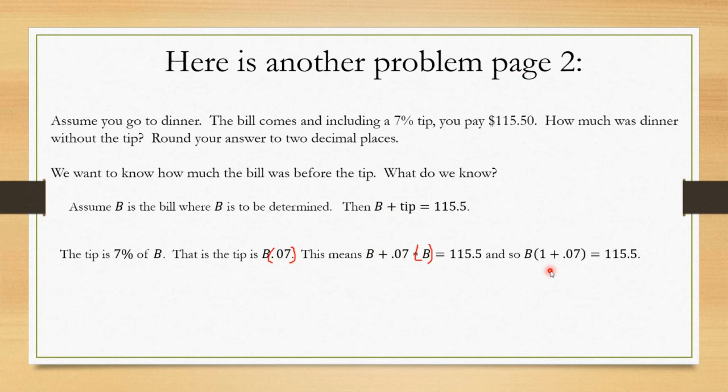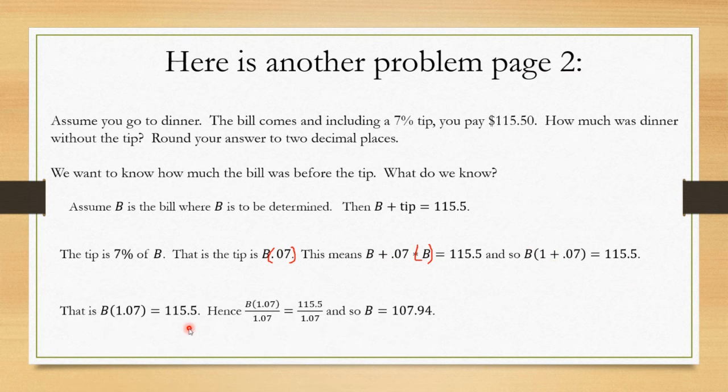Factoring is the opposite. But 1 plus 0.07 is 1.07. So we get this here. Now we have the unknown B times a number is another number, so we just divide and we get B. That's how we get the bill before the tip.